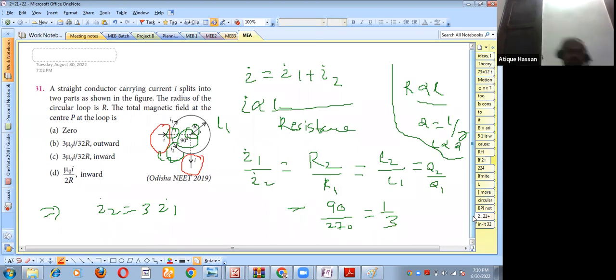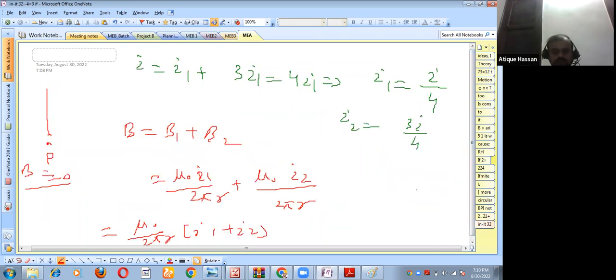Sorry, it should not be 2 pi r. We know that it's 2r, not 2 pi r.